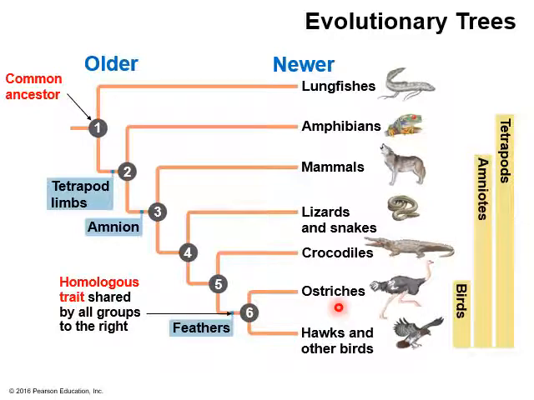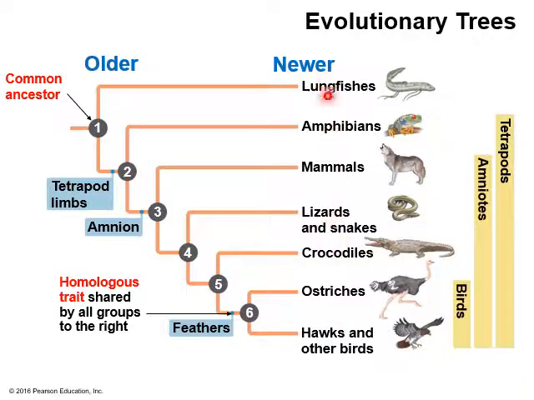Another important thing on this tree is traits. We can use an evolutionary tree to figure out which traits evolved at which point in the past, and we can see homologous traits, traits that are shared by all groups. For instance, we know that ostriches, hawks, and other birds have feathers, whereas all of these other things don't.